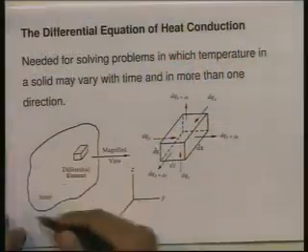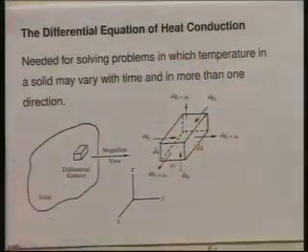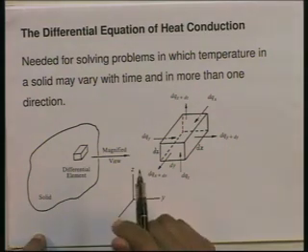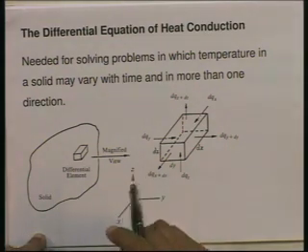Now, for solving the differential equation, consider that we have any arbitrary solid like this, and to derive a differential equation, you always need to take an element inside this solid. Let us say we are going to do the derivation in the Cartesian coordinate system.